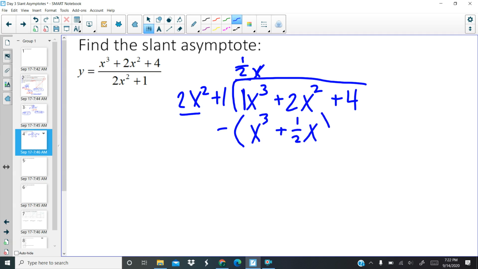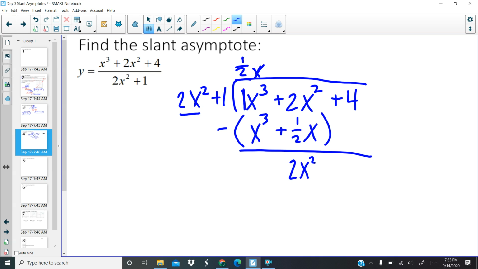And so then we need to actually subtract this out. So if I do my x cubed minus x cubed, those are going to cancel. And then I have 2x squared is the next thing that I need to bring down. And so I'm going to have my 2x squared.